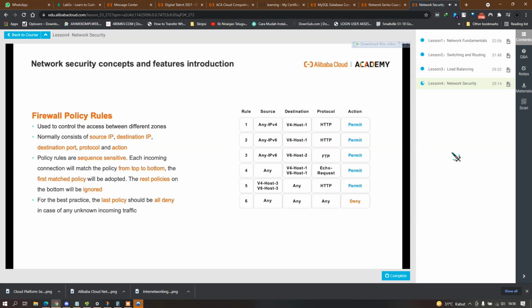So in this scenario, we prefer to deny this kind of unknown incoming traffic, which is not predefined in our list, to secure our system. So this is how firewall policy rules work.